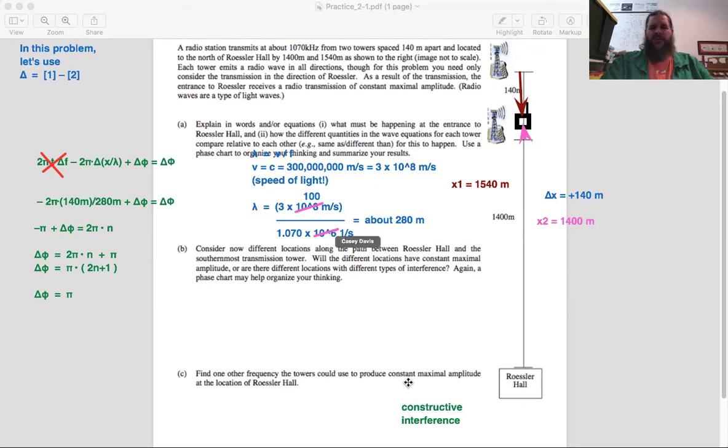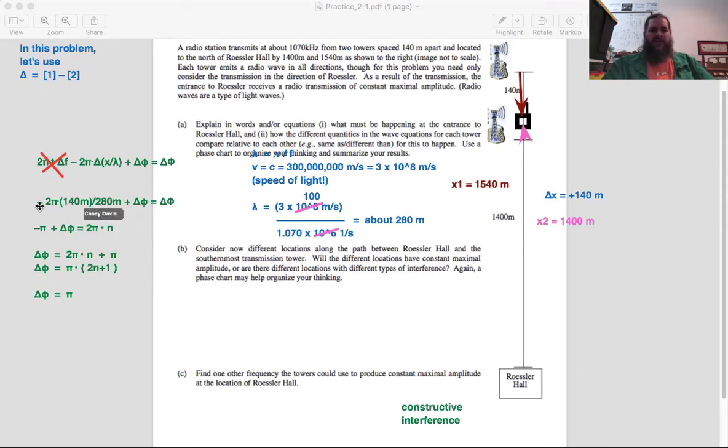Well, we still want constructive interference. So we still want delta capital phi to be some even multiple of pi. Let's say we make it 2 pi instead of 0, or 4 pi or 6 pi, any even multiple of pi will work. And we still want delta little phi to be pi. The antennas are still unsynchronized by the same amount. But we want to find a different frequency, which is going to mean a different wavelength.